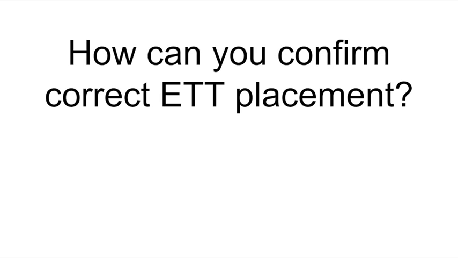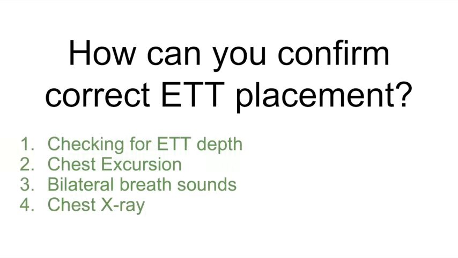How can you confirm the correct placement of an endotracheal tube? First, you can check for the endotracheal tube depth. Second, you can look for chest excursions, see if they're equal bilaterally.